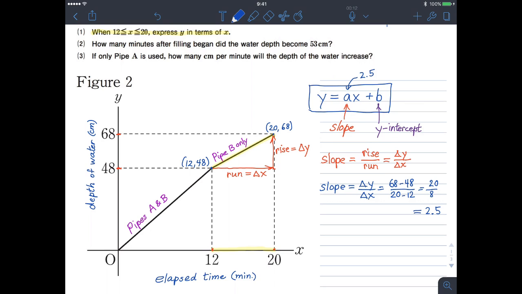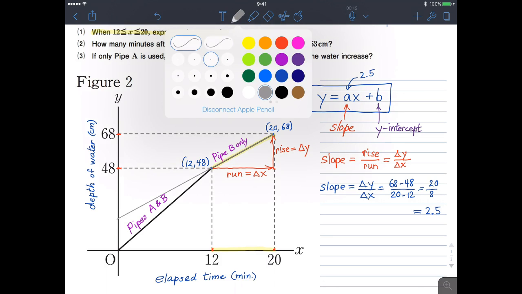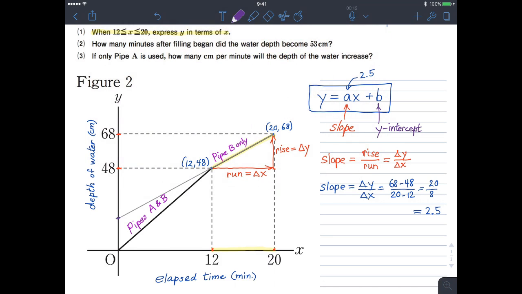Next, we need to find b. Now you recall that I mentioned that b is called the y-intercept. So what that means is if we were to draw a straight line, extend that graph all the way to the y-axis, we would intercept the y-axis at this point.